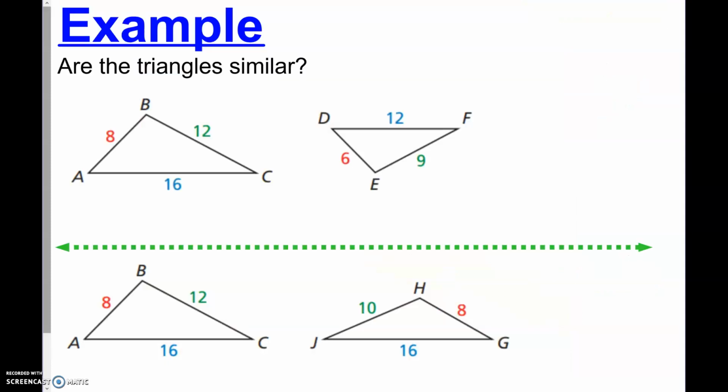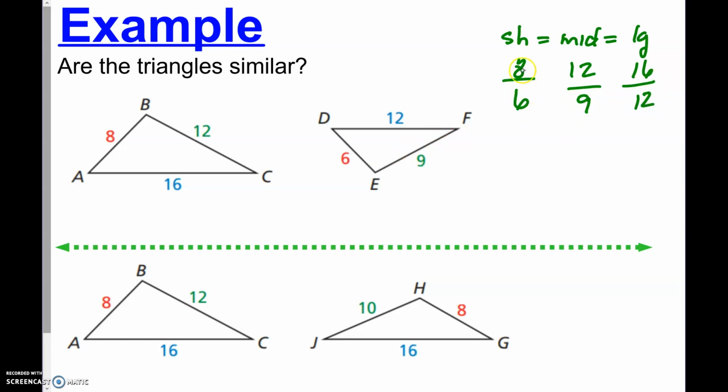All right, so are these triangles similar? What I like to do is set up the ratios of all three sides, and I do the shortest sides, then the middle sides, and then the largest sides. In this first triangle, the shortest side is 8, the medium side is 12, and the largest side is 16. Then I do the same exact thing for the next one: 6, the middle side is 9, and the largest side is 12.